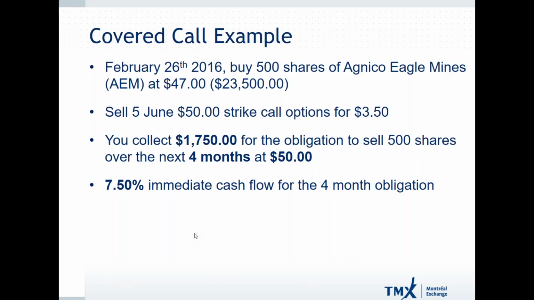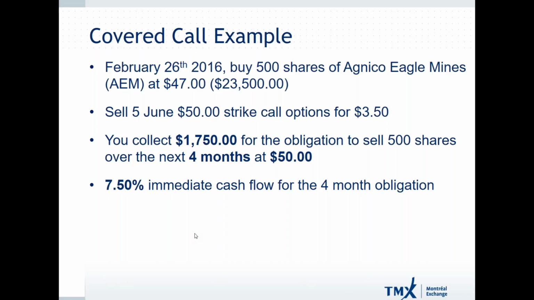Now, anybody that's been following AEM recognizes that at that particular point in time, the shares were trading, I think, around 54 or what have you. But that's fine, because what we were able to do is benefit from some of the upside of the shares, but also collect an immediate 7.5% cash flow for that obligation.